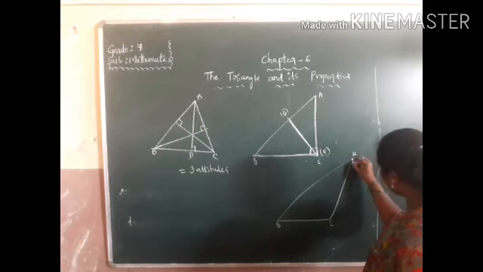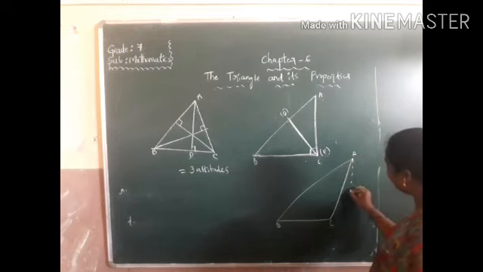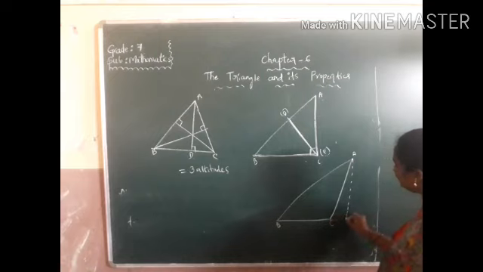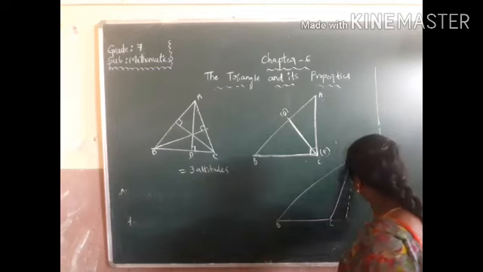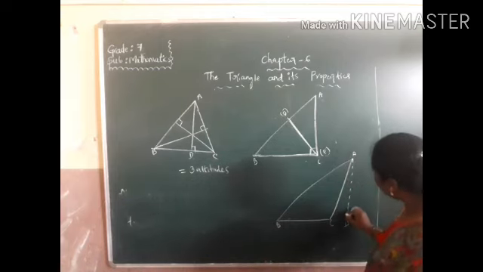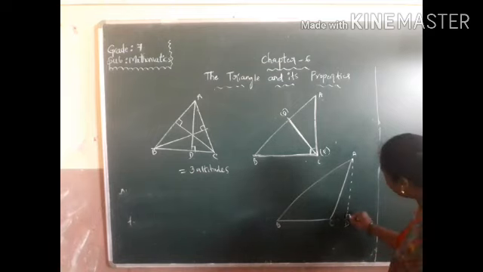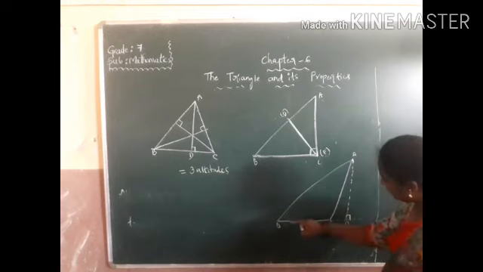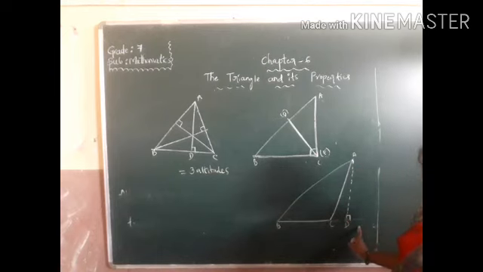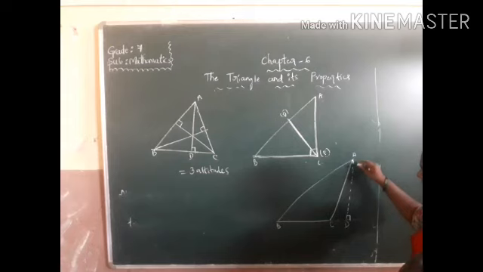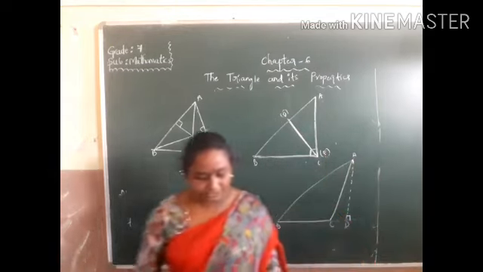Here we have to draw a perpendicular line segment to the opposite side, that is from A to D. So here this AD is perpendicular to the opposite side.